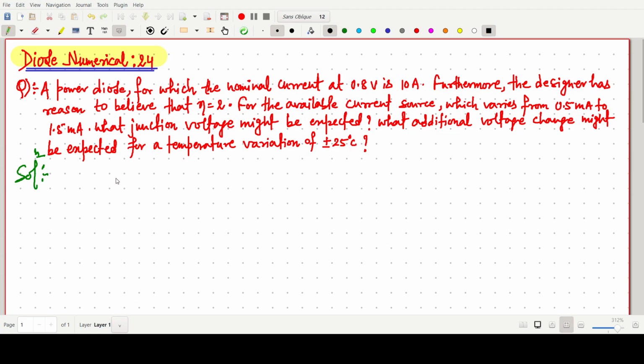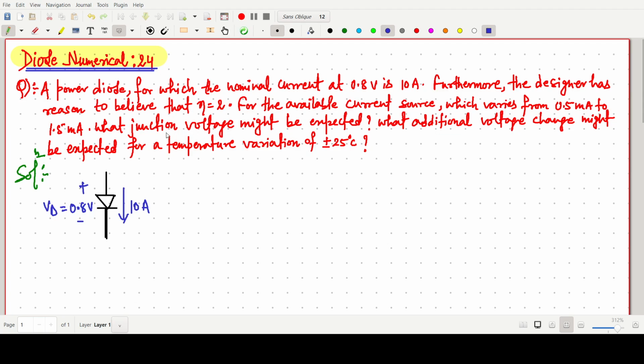So in the question, a diode is given which is a power diode. In this diode the current is 10 ampere and the voltage Vd is 0.8 volt.